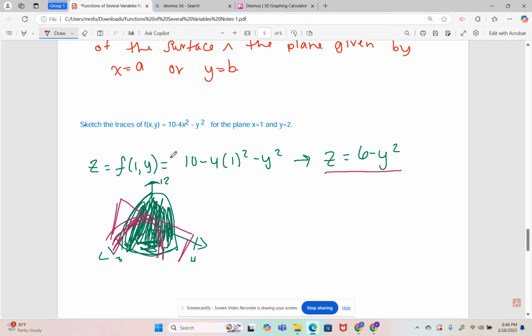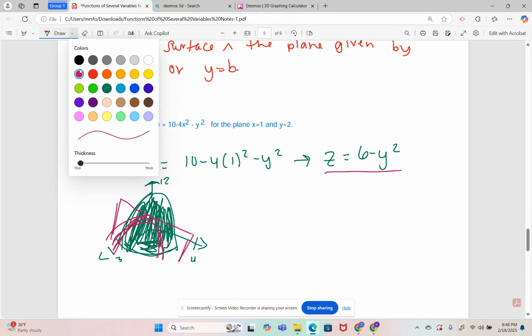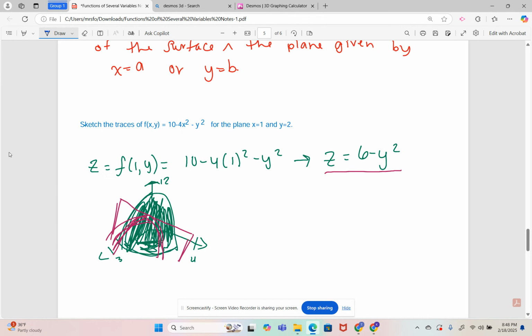Okay, so let's look when we're saying z equals f of x and y is 2. So that's 10 minus 4x squared minus 2 squared, which would give us z is equal to 10 minus 4, so 6 minus 4x squared.